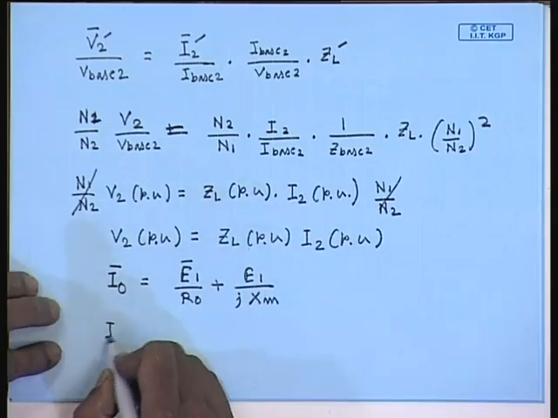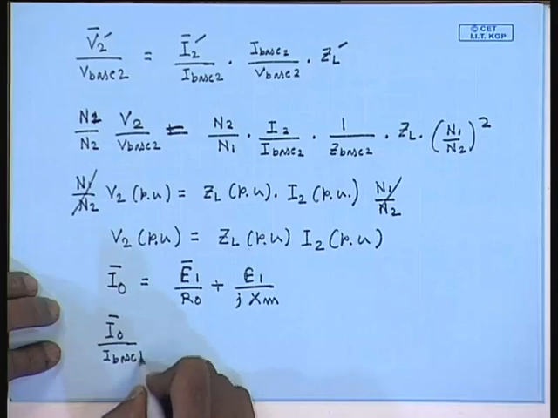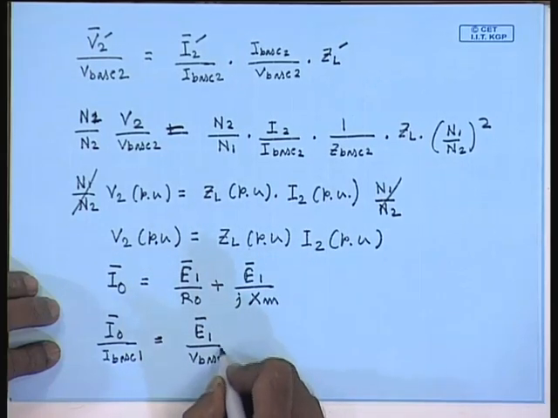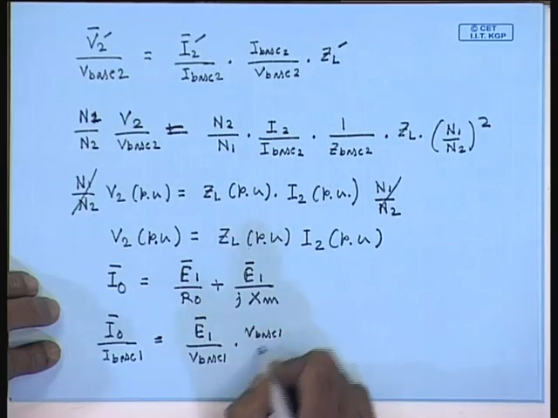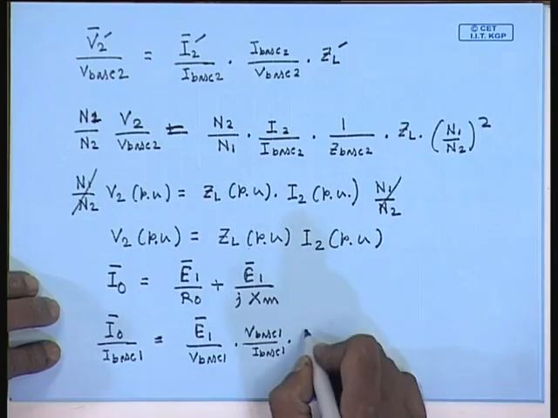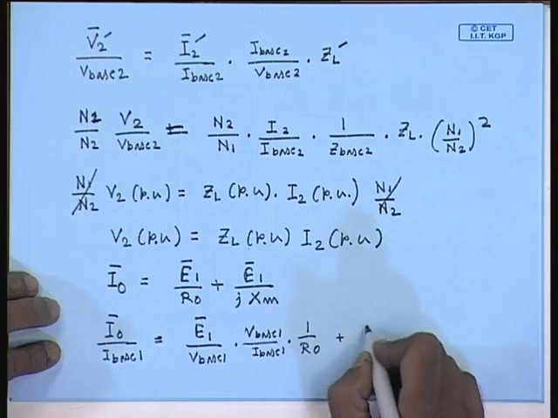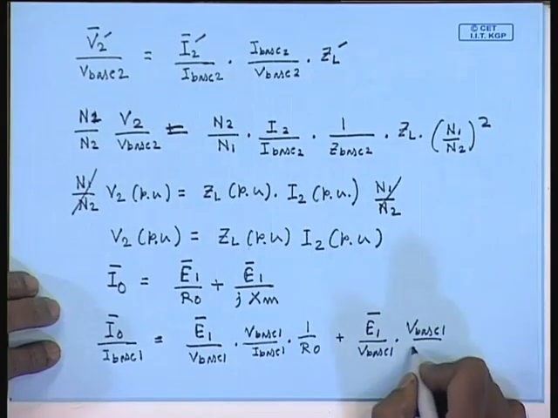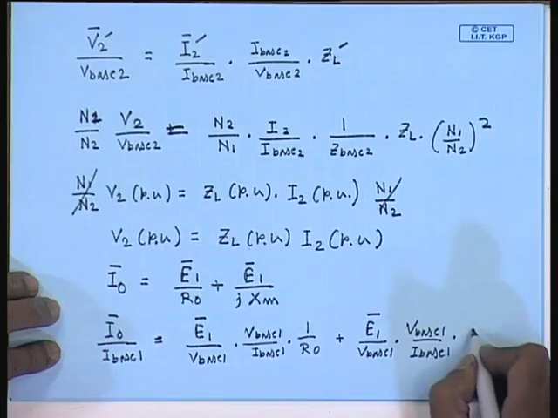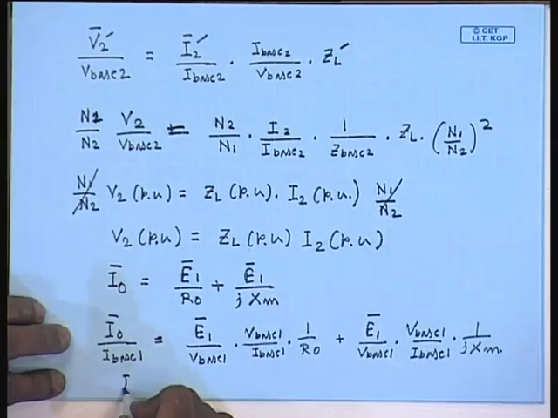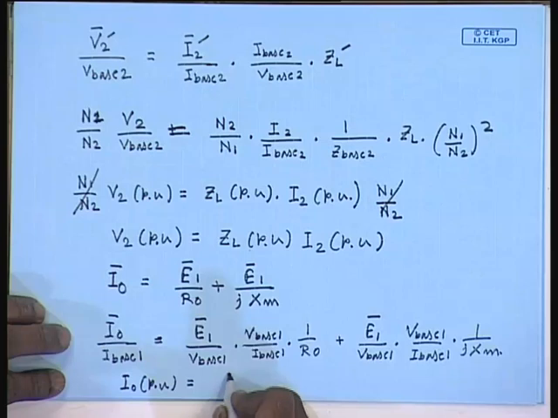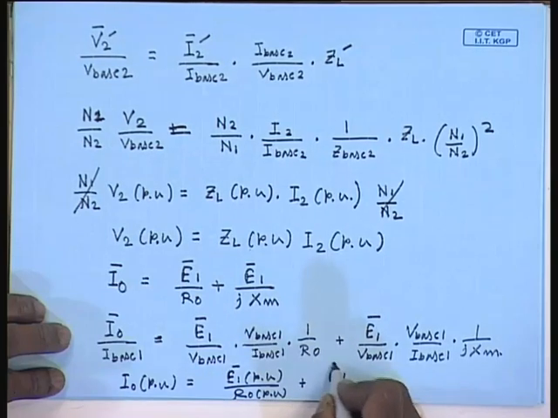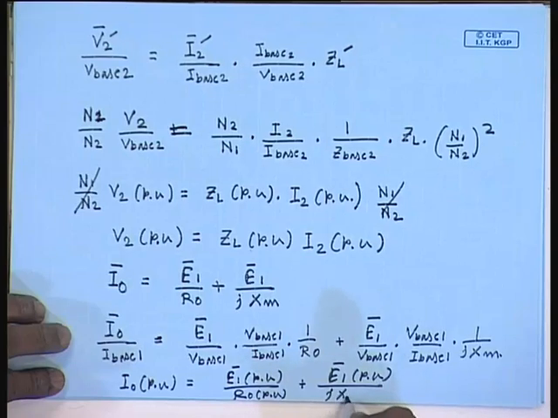One can write I0 by I base 1 equal to E1 bar by V base 1 into V base 1 by I base 1 into 1 by R0 plus E1 bar by V base 1 into V base 1 by I base 1 into 1 by jXm, or I0 per unit equal to E1 per unit divided by R0 per unit plus E1 per unit divided by jXm per unit.